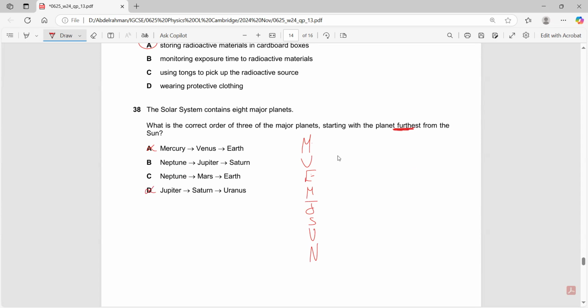Neptune, right? And then Jupiter, then Saturn, or Saturn, then Jupiter. So this is wrong. Mars, then Earth. This is the correct order for these 3 planets. Okay, Neptune, Mars, and then Earth. This is the correct order.